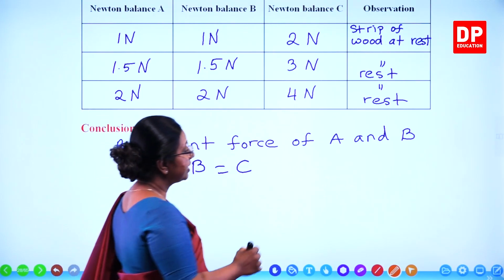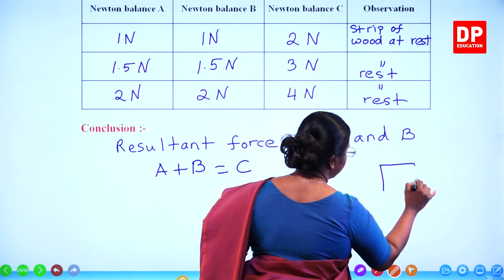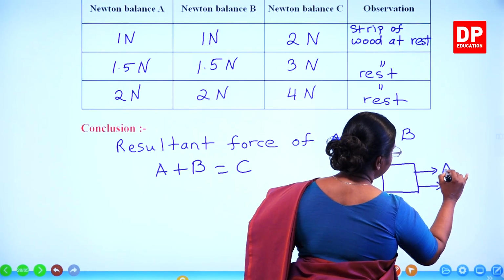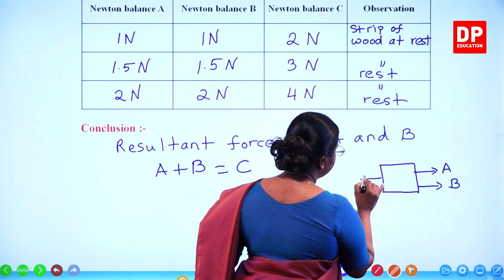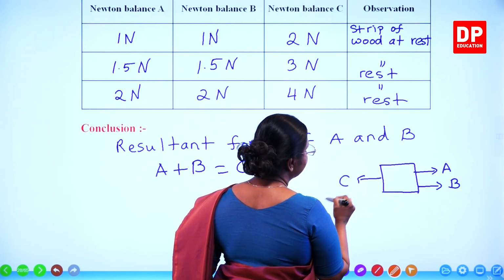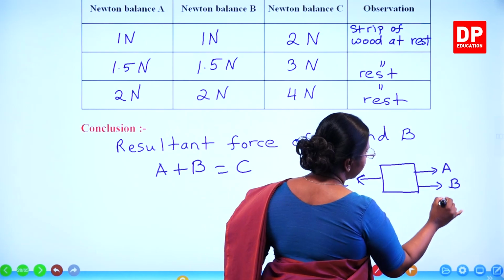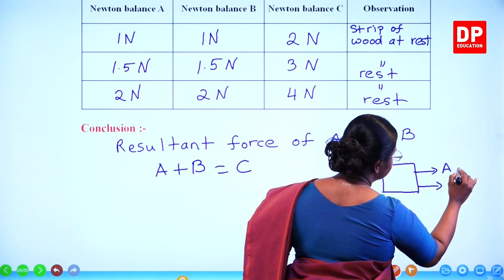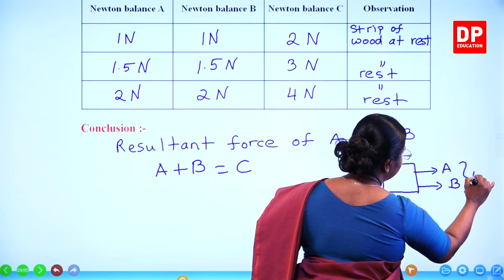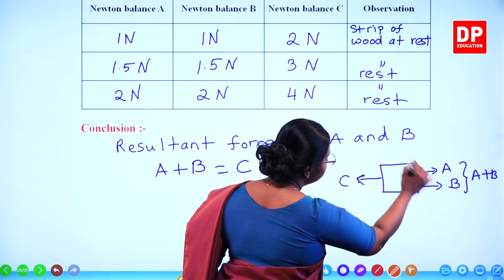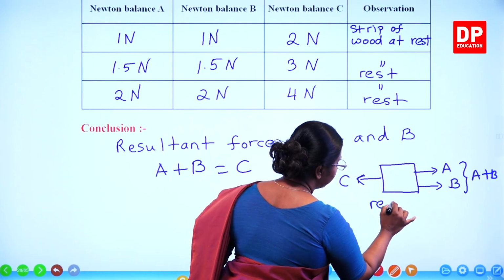So as I explained to you all, students, when you have an object like this, you pull with A, B, and in the other direction you pull with C. So when these two forces are considered, we get the resultant by calculating A plus B. But the object was at rest.